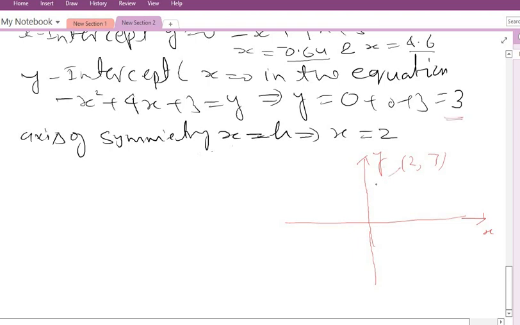It crosses the x-axis at minus 0.64 on one side and at 4.6 on the other side. So this is the rough sketch of question number 2. Hopefully you understand. Thank you very much, my dear friends.